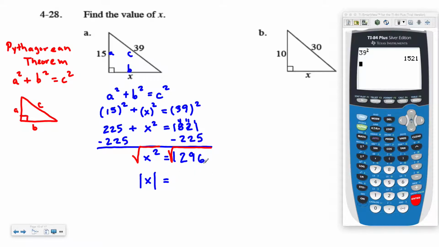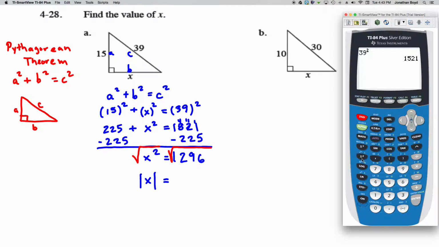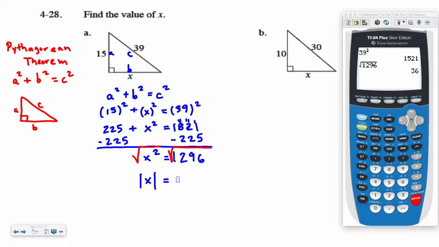And the square root of 1,296, if you don't know, you can do it on the calculator, it's fine. You get 36 as the value, so you have the absolute value of x equals 36.